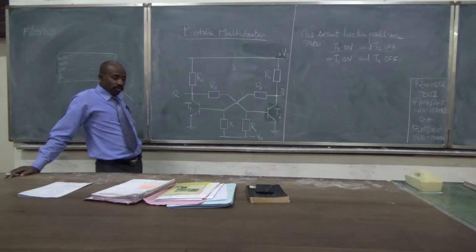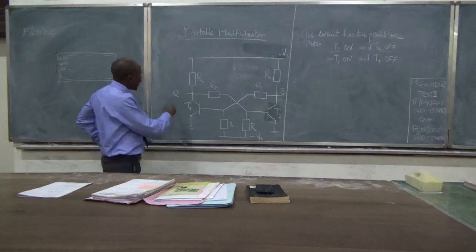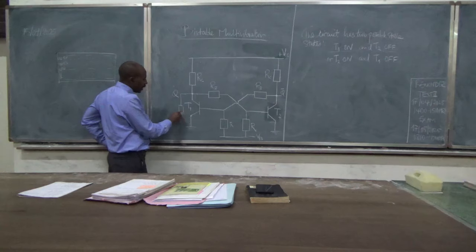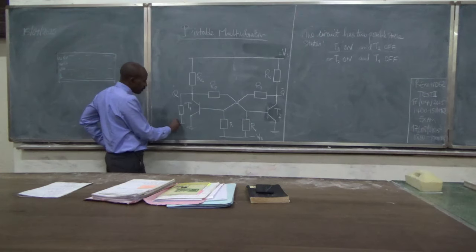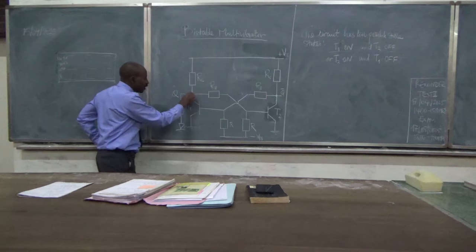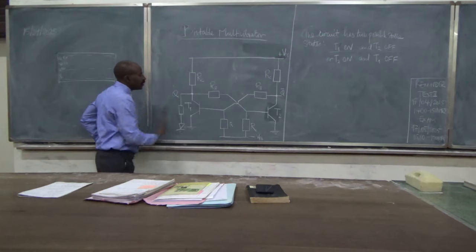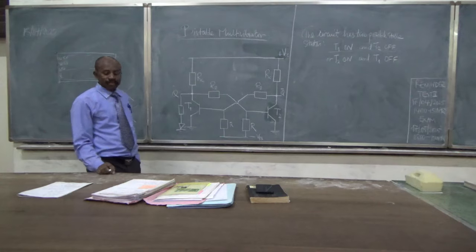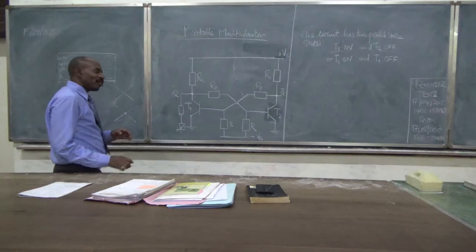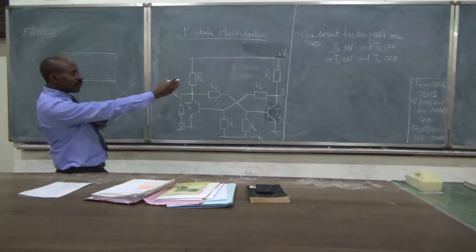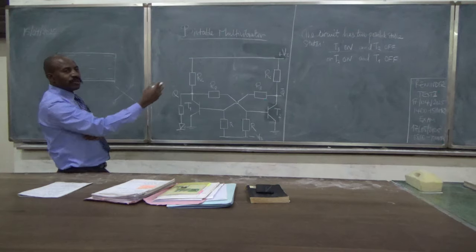T1 on means that if I connected a light emitting diode here, it would light. So you would have some current flowing out of it. That's what it means by T1 on. T2 on means that if I put an LED there, it will be able to light.